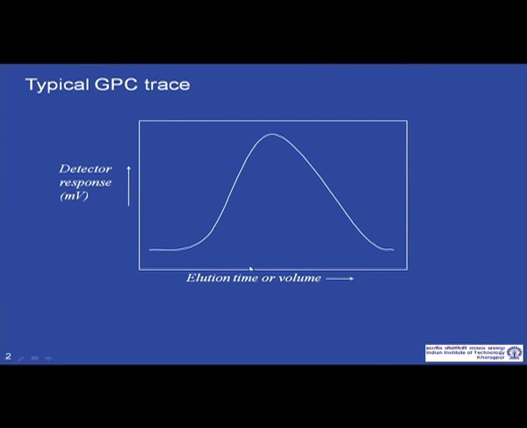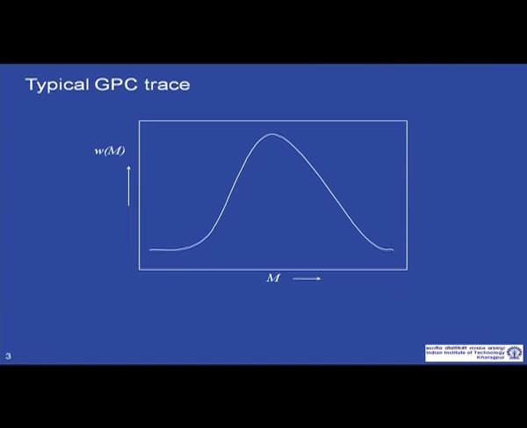Now, from this raw data we must transform the data into a weight fraction molecular weight distribution, which is a plot of weight fraction versus molecular weight.